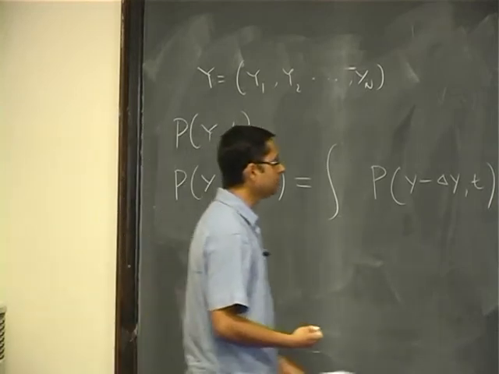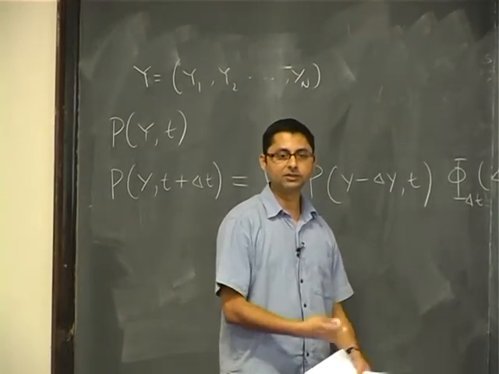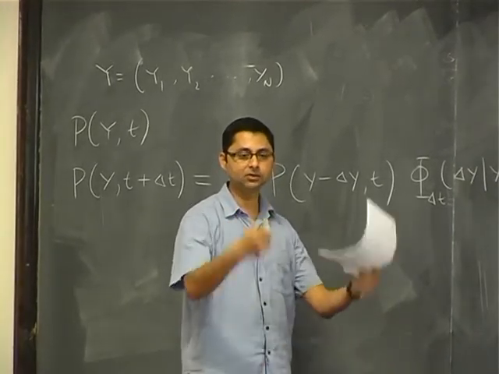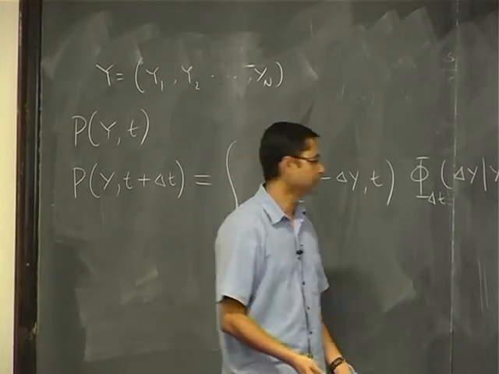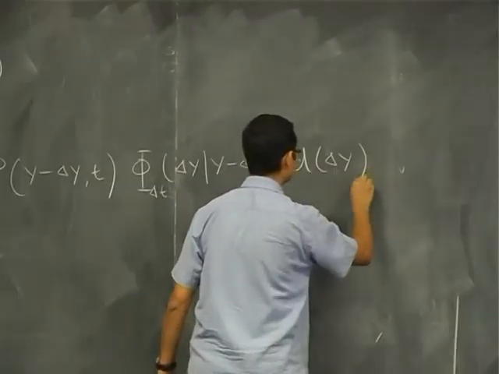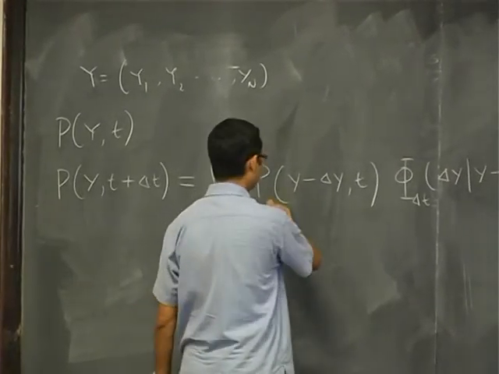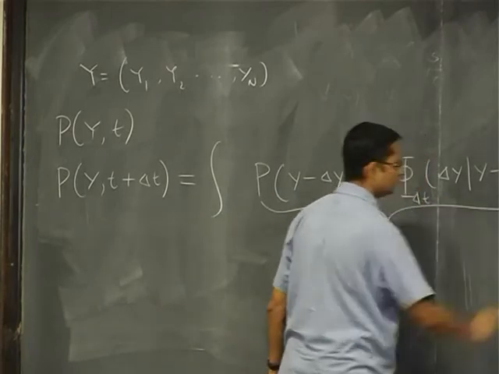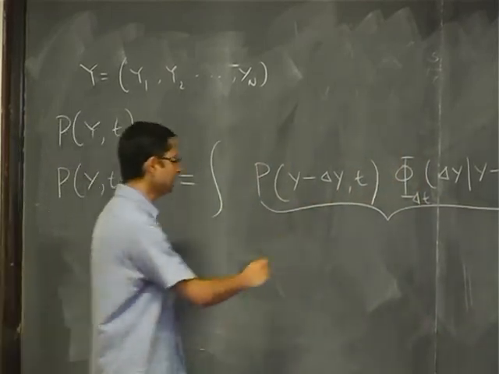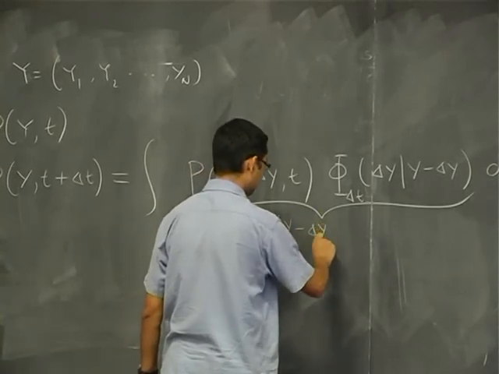I am assuming that this is not a function of time but only a function of space, so I do not have any time dependent force times delta y. I will do the same Taylor series expansion as before, but now this is my function: g of y minus delta y.